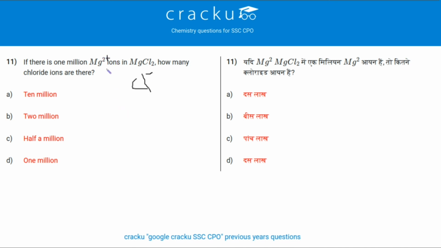And here we have 2 plus. So, to satisfy this, we need 2 chloride ions. So, for 1 mole of magnesium 2 plus, we need 2 moles of chloride ion. So, for 1 million magnesium 2 plus ions, we obviously need 2 million chloride ions. Now, next question.